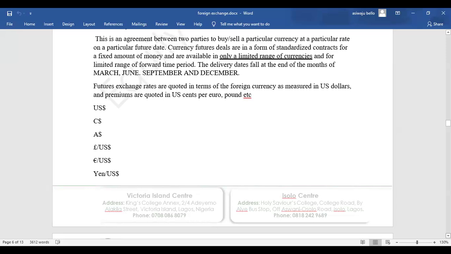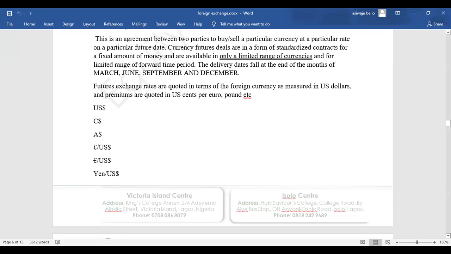We equally explain the second variant, exchange traded currency options. Exchange traded currency options have some similarity with futures contracts in that they only recognize 7 currencies. Only 7 currencies are recognized in this market.